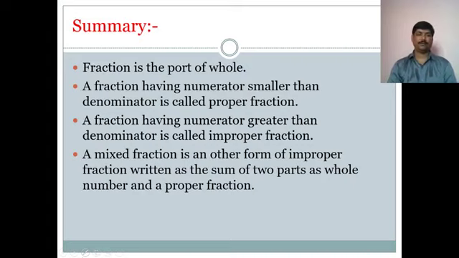Next, a fraction having the numerator greater than the denominator is called an improper fraction. And one thing more, a mixed fraction is another form of improper fraction, written as the sum of two parts, a whole number and a proper fraction.